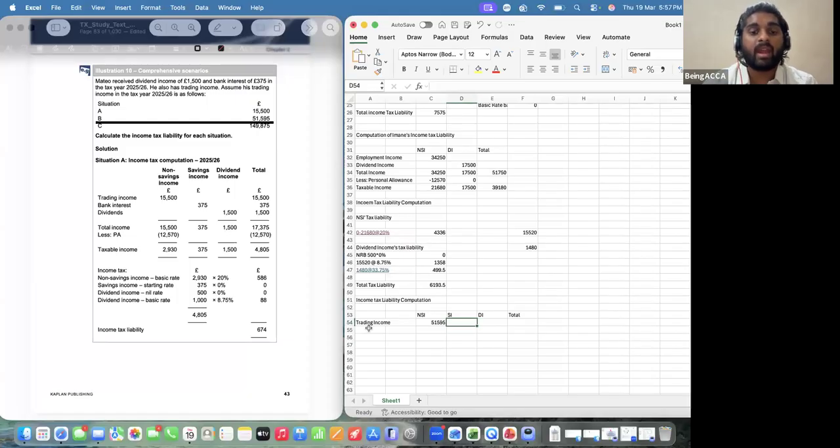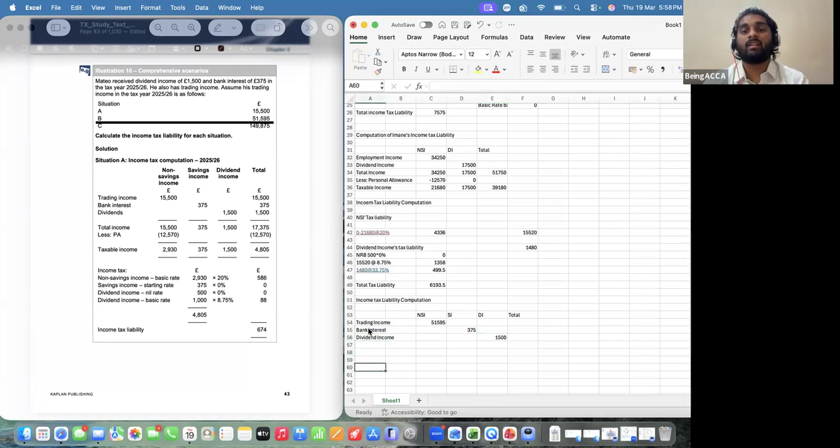Next would be our bank interest. Bank interest means it is interest that has been received, so that should be at savings income. It would be 375 pounds here. And after that, we have received dividend income of 1500.